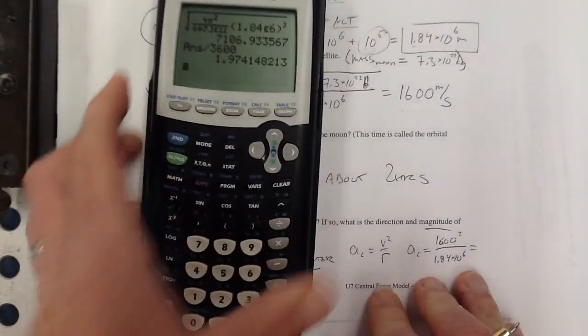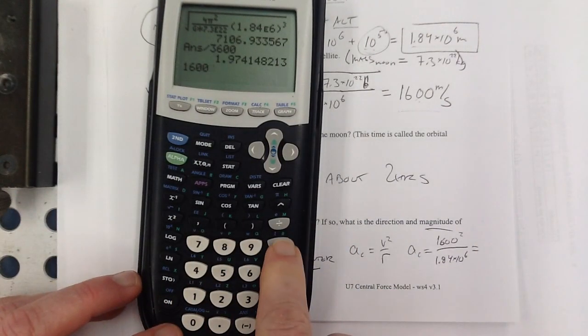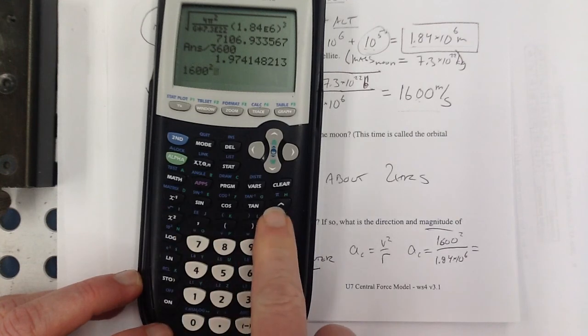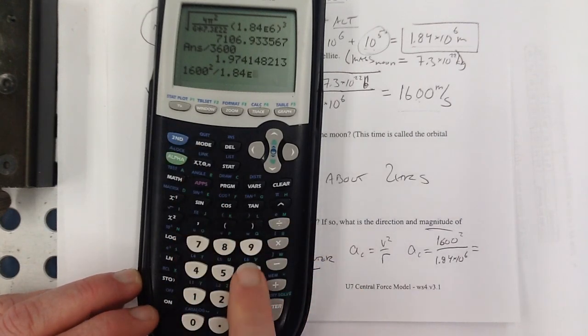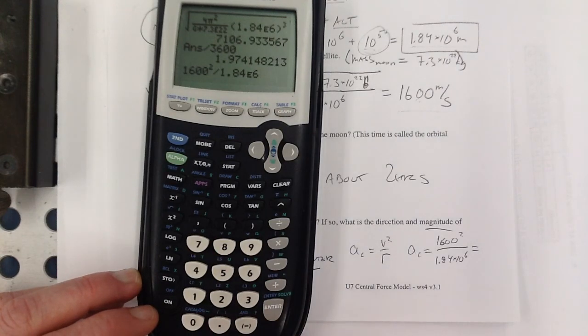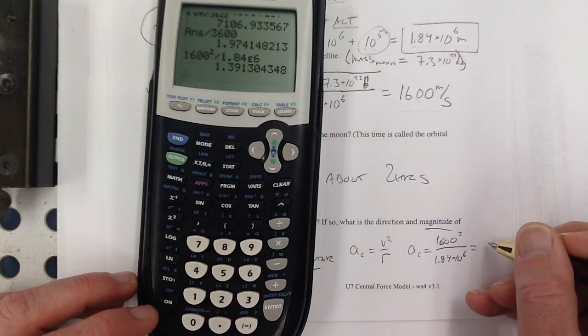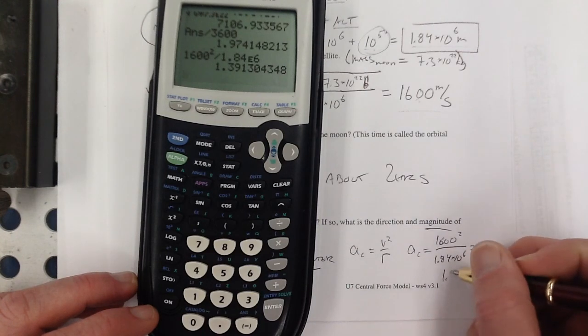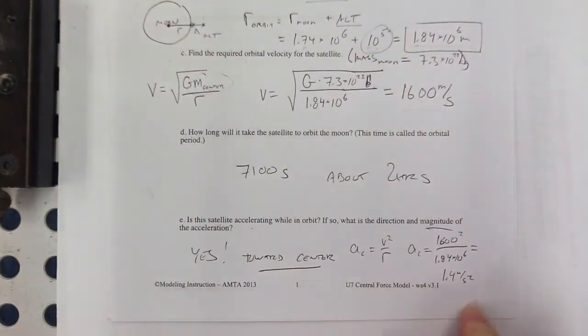So I'll just pop that into the calculator. Squared divided by 1.84 times 10 to the 6. So that acceleration is about 1.4 meters per second squared for the moon to move in that circle.